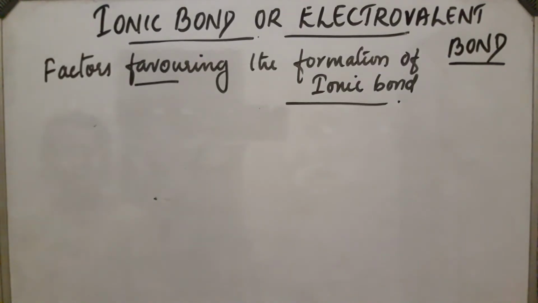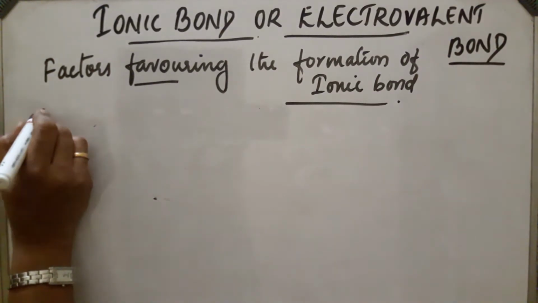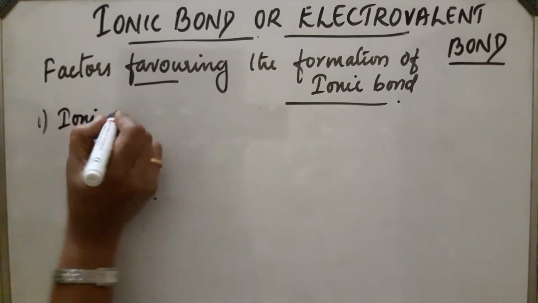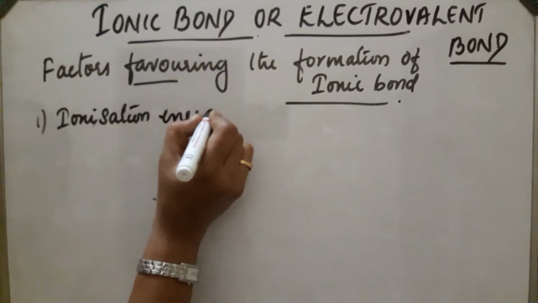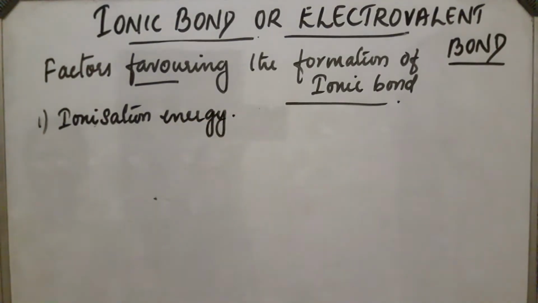Next, factors favoring the formation of ionic bond. First one is ionization energy or ionization enthalpy. Ionization energy means the energy required to release an electron from the outermost shell.